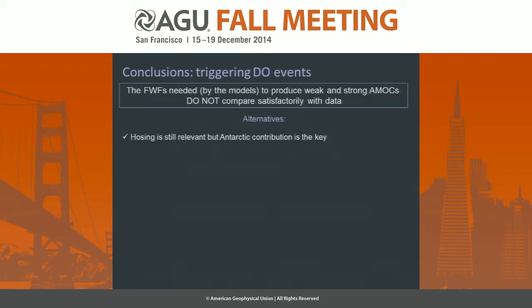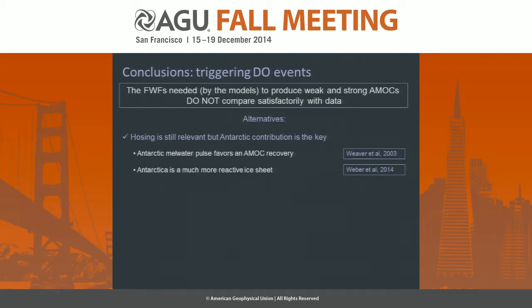So what are the alternatives then? The first one would be to consider that Hosing is still relevant, but as suggested by Richard again, the Antarctic contribution is the key, and there have been papers from that perspective.